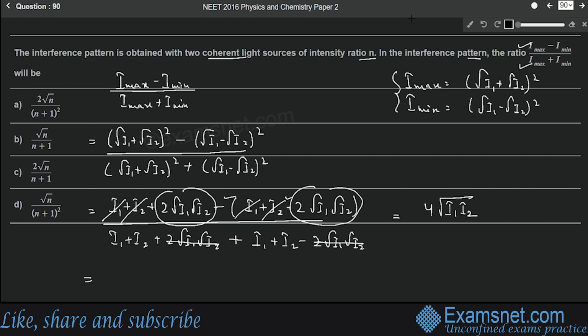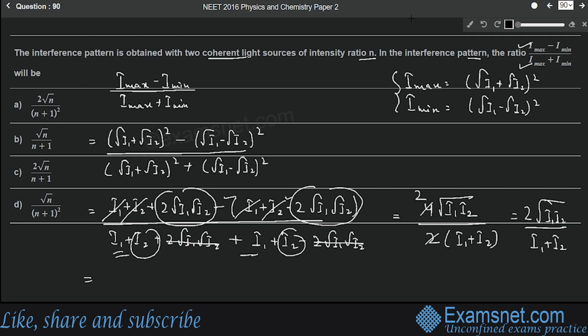And on the denominator side we have 2I1 plus 2I2. So we can take 2 common, I1 plus I2. This 2 into 2 is 4, so 2 root I1 I2 upon I1 plus I2.